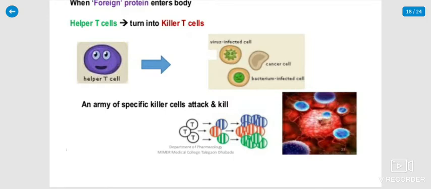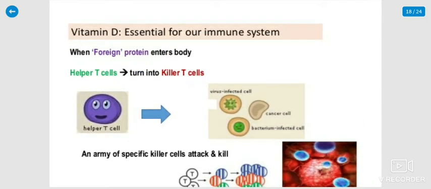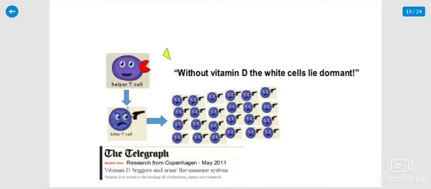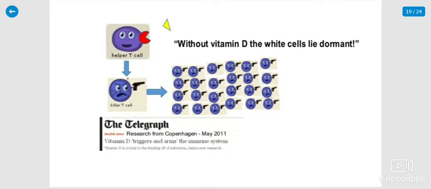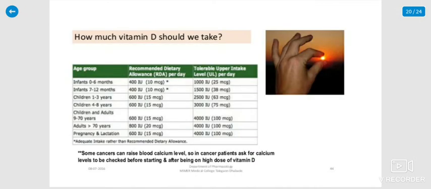So vitamin D is most important for our immune system. Without vitamin D, the white cells lie dormant. The helper T cells are most powerful, and the killer cells use that. So vitamin D is the most essential.